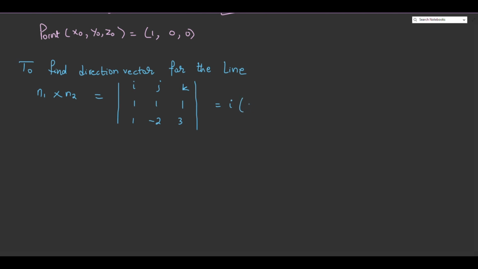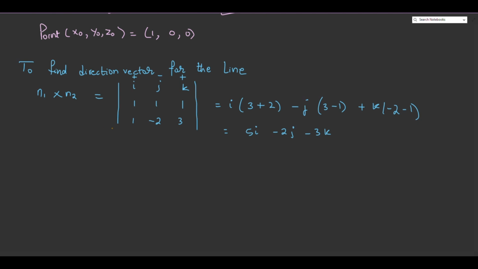That gives you 3 plus 2, and remember here you have to write plus, minus, plus, so minus j times (3 minus 1), plus k times (minus 2 minus 1). When you simplify this, it gives you 5i minus 2j minus 3k. So this is the direction vector of the line.